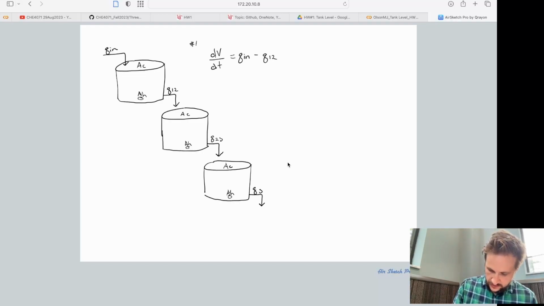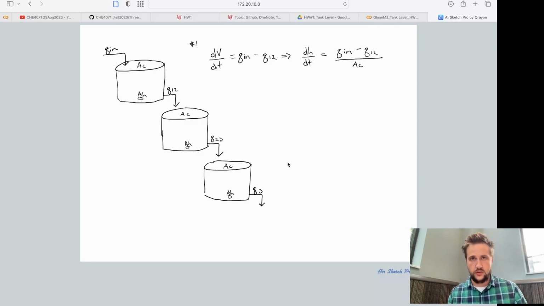And so we can go ahead and rewrite this as our change in height over time equaling the flow entering tank 1 minus the flow leaving tank 1, all divided by the cross-sectional area. And now we're assessing how the height of the fluid level in tank 1 is going to change with respect to time.